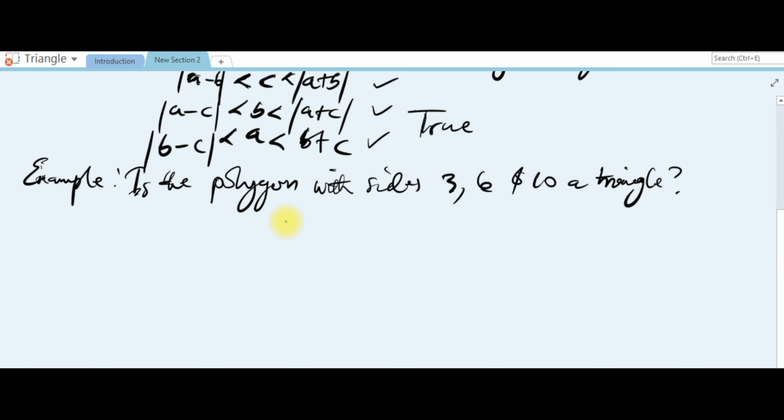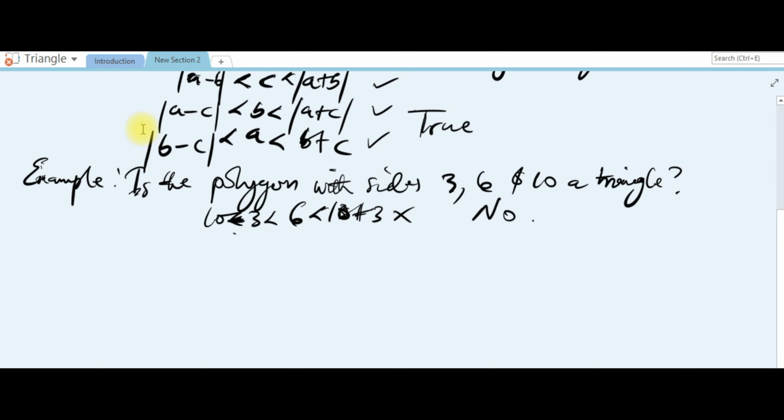So let's take 6 first as the test side. 6 must be less than 3 plus 10, and greater than 10 minus 3. But 10 minus 3 is 7, so it fails. So the answer is no, because 10 minus 3 is 7, and 7 is not less than 6, so it's not a triangle.